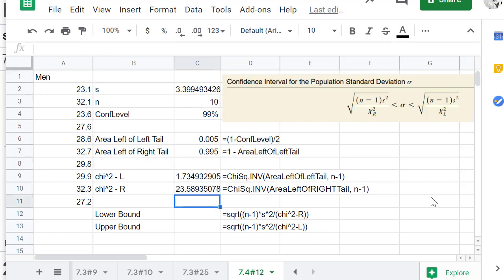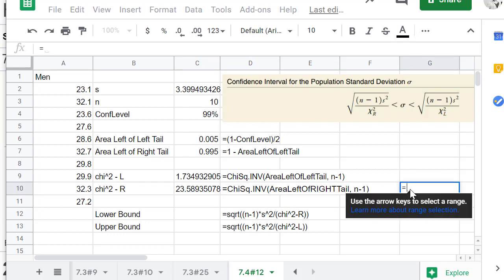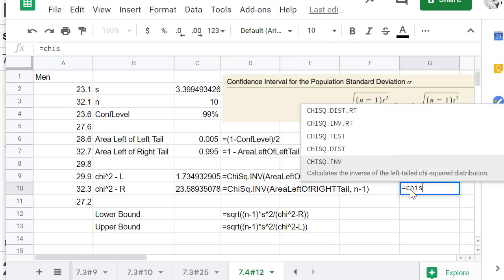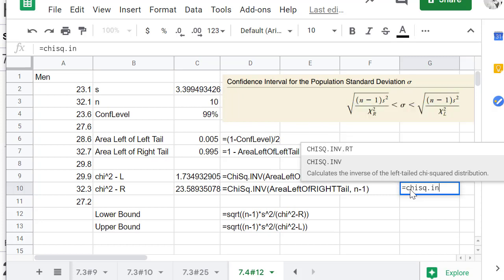If you noticed, you can also do this, which might be easier, but this command doesn't always exist in some of the spreadsheets. But if you have that particular command, you can type CHISQ.INV.RT, to say it's the right.